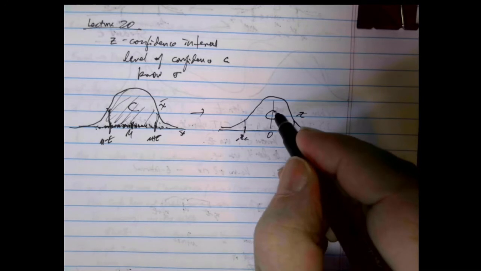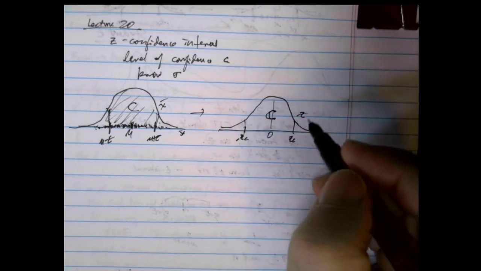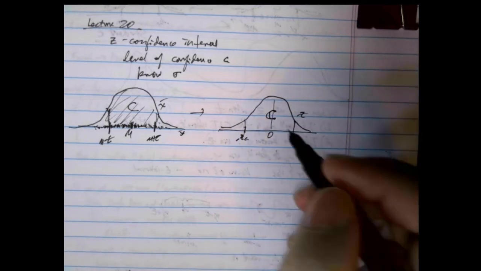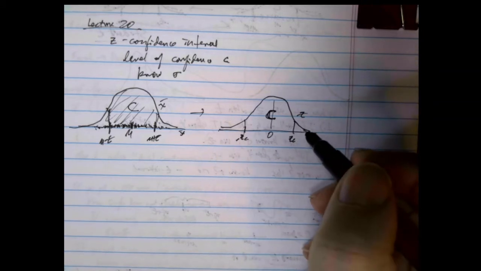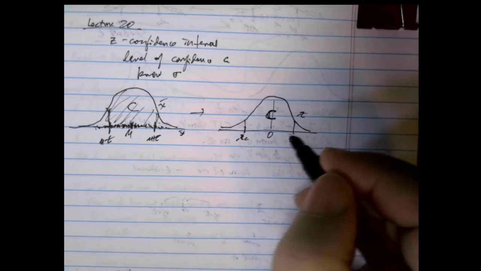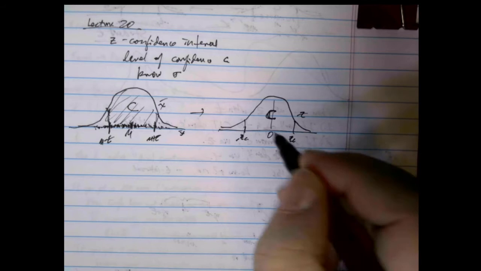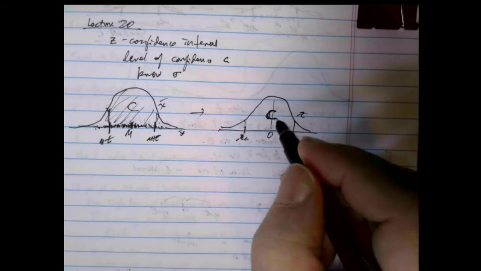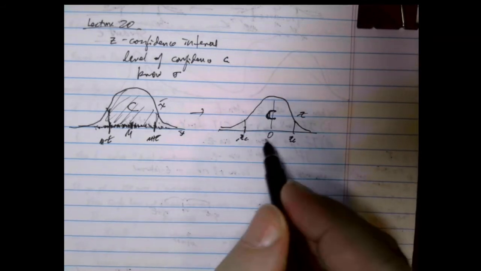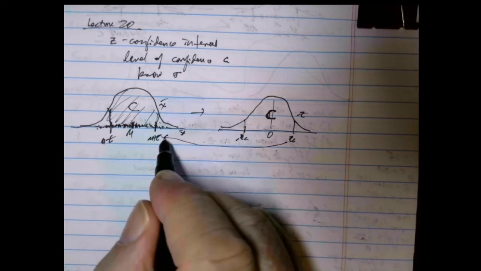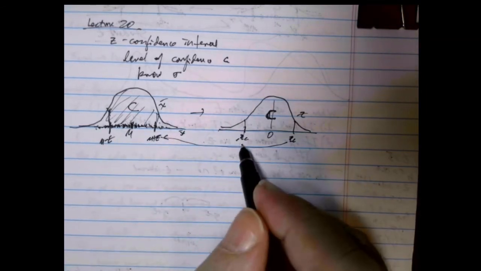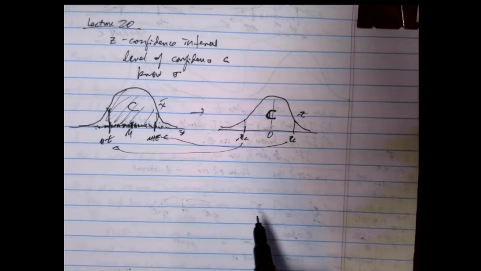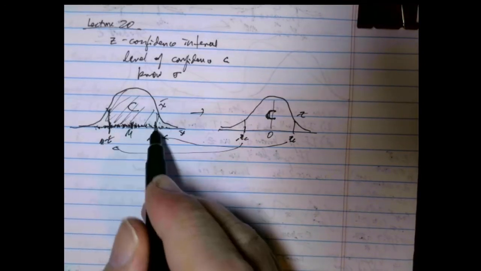And the area in between those two and under the standard normal curve is C. But under the standard normal curve, you know the mean and standard deviation, so you can actually find these cutoffs for the area C in the middle. And then you can transform back. Z sub c comes back as mu plus E, and minus z sub c comes back as mu minus E, and now you have your cutoffs here.